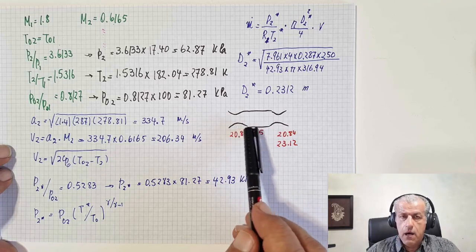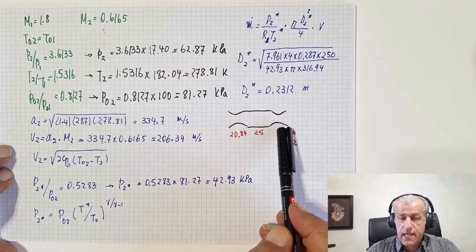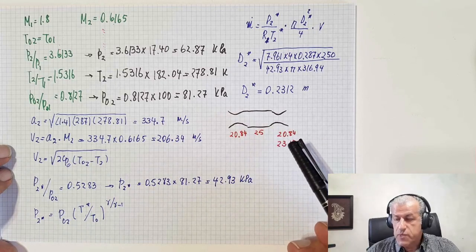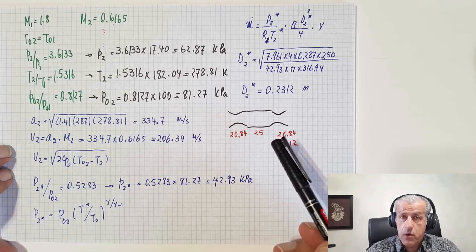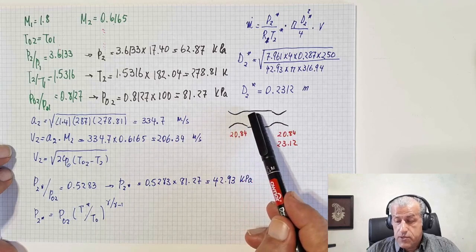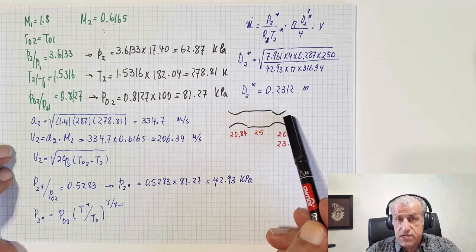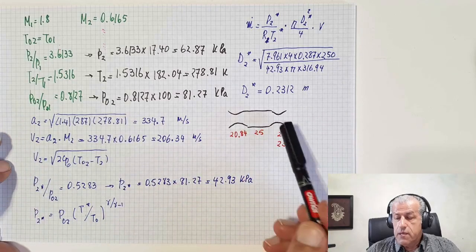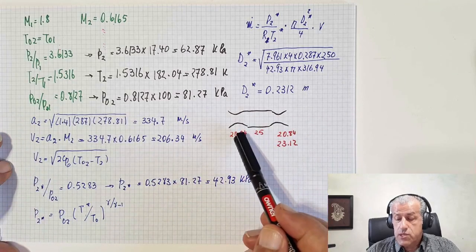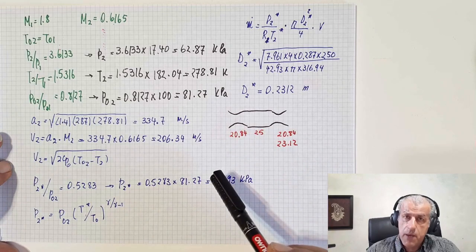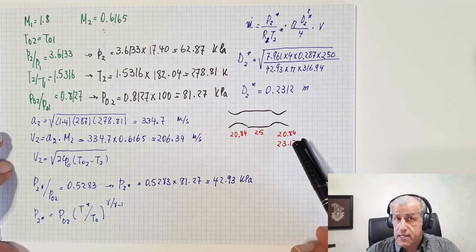These are fixed values. But the second throat is interesting, because if there was to be continuous increase and then continuous decrease of velocity, everything isentropic, the second throat had to be, just like the first throat, 20.84 in diameter. That is centimeters.